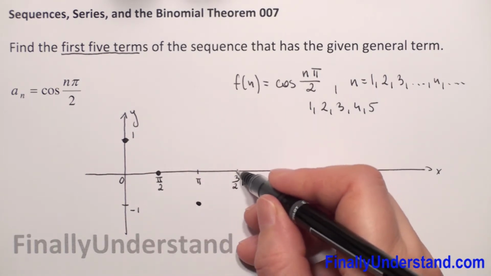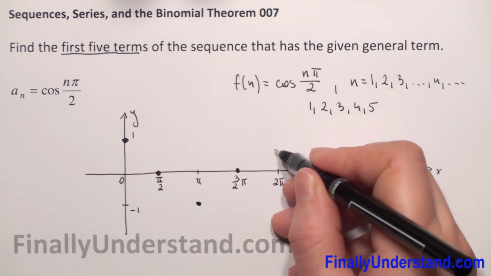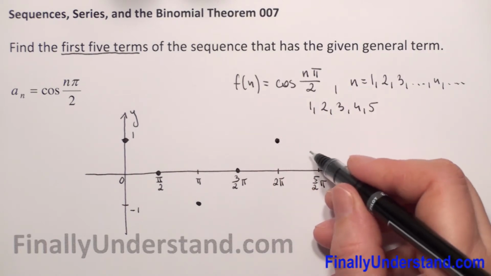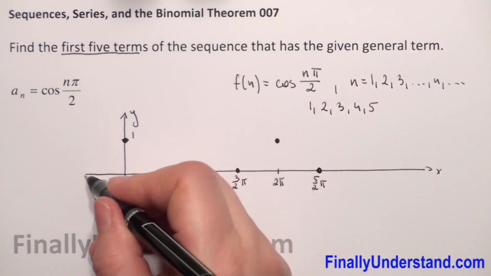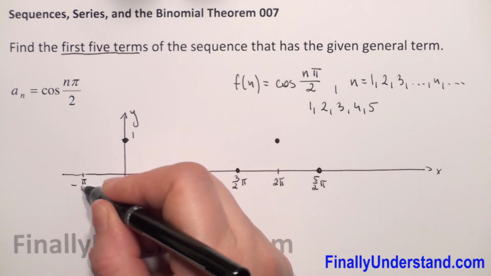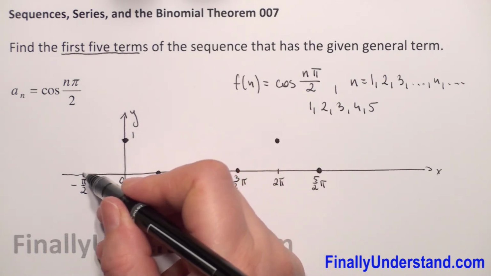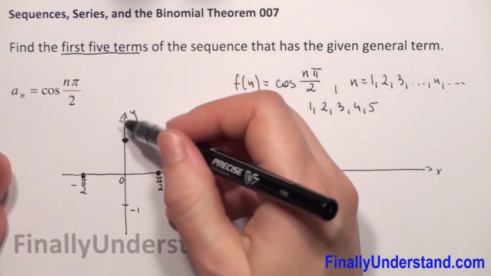For 3 over 2 pi, again 0. For 2 pi, the value is 1, so it'll be approximately here. And for 5 over 2 pi it is 0 again. And for negative pi over 2, the value of cosine is 0. Cosine is symmetrical about the y-axis.